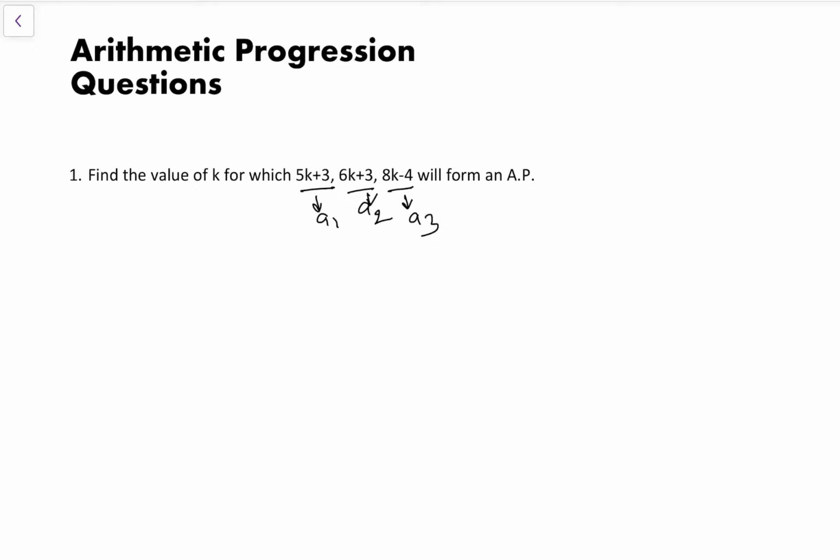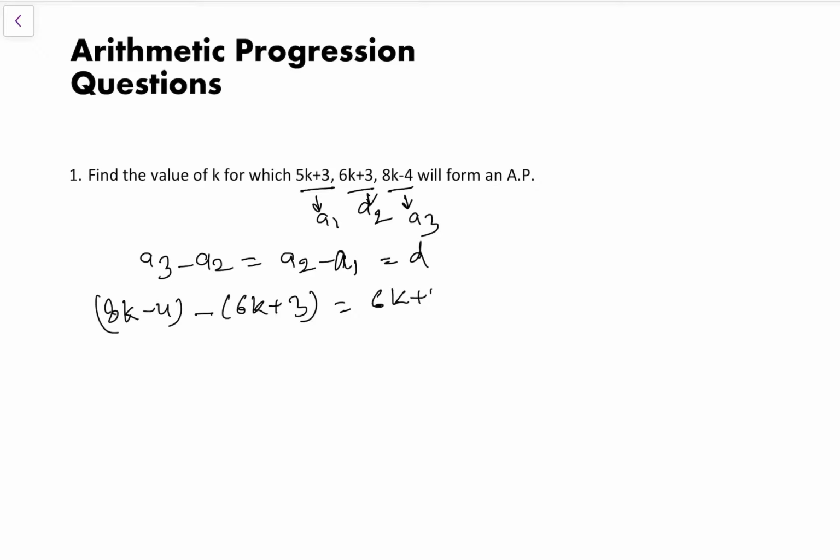So we know that the common difference between arithmetic progression numbers is the same, d. a3 minus a2 is equal to a2 minus a1, which will be some common difference d. So let's put the values. a3 is 8k minus 4, a2 is 6k plus 3, equal to a2, 6k plus 3, minus a1, 5k plus 3.